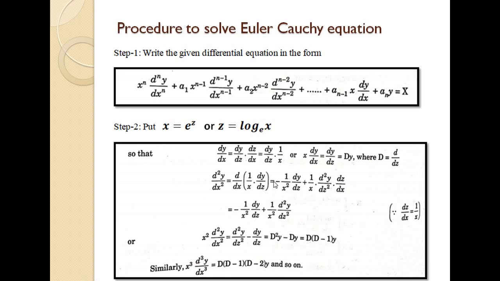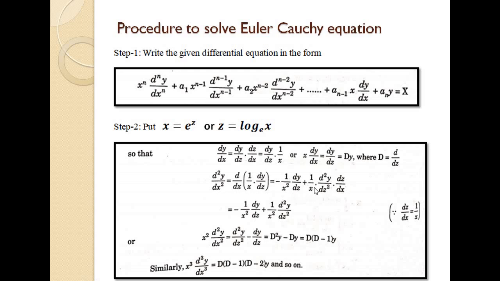D by dx of dy by dz can be written as d by dz of dy by dz into dz by dx. So d by dz of dy by dz will be d square y by dz square into dz by dx. So we have applied the product rule here and the chain rule for evaluating d square y by dx square.